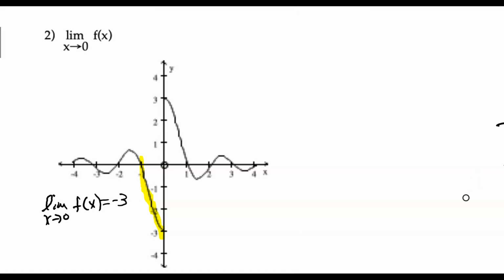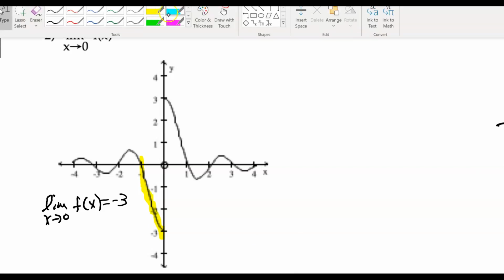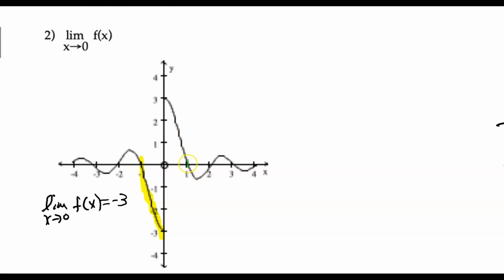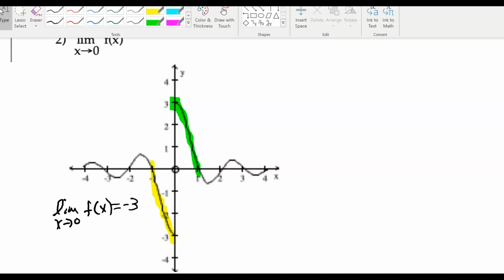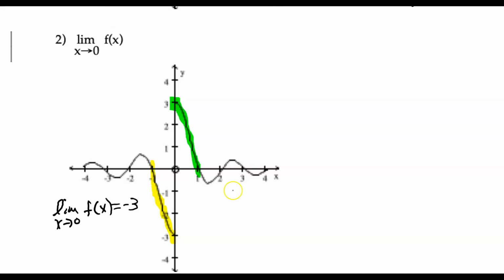Now let's trace the graph on the right side, to the right of 0. Let's say we start right about here. What y value are we approaching? Well, as we get closer and closer to 0 on the right, we are approaching, let me write that up here actually, as x approaches 0 from the right of f of x, it equals positive 3.